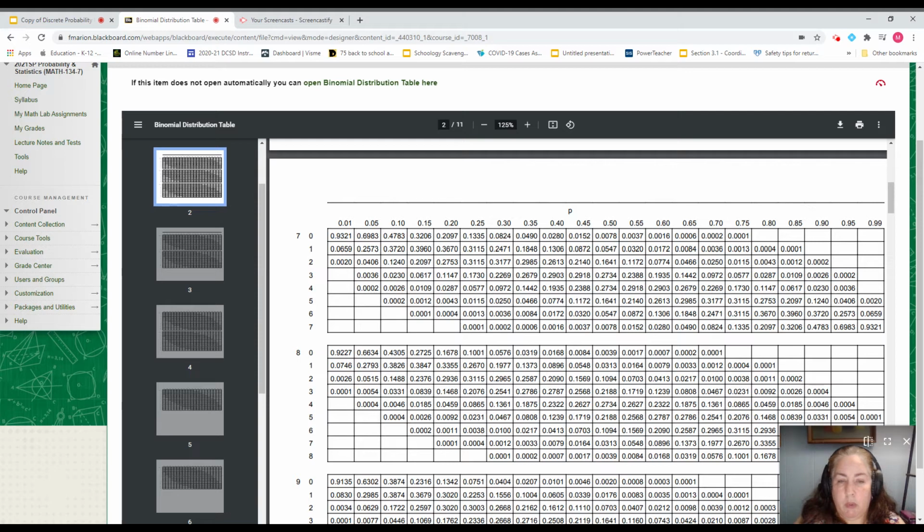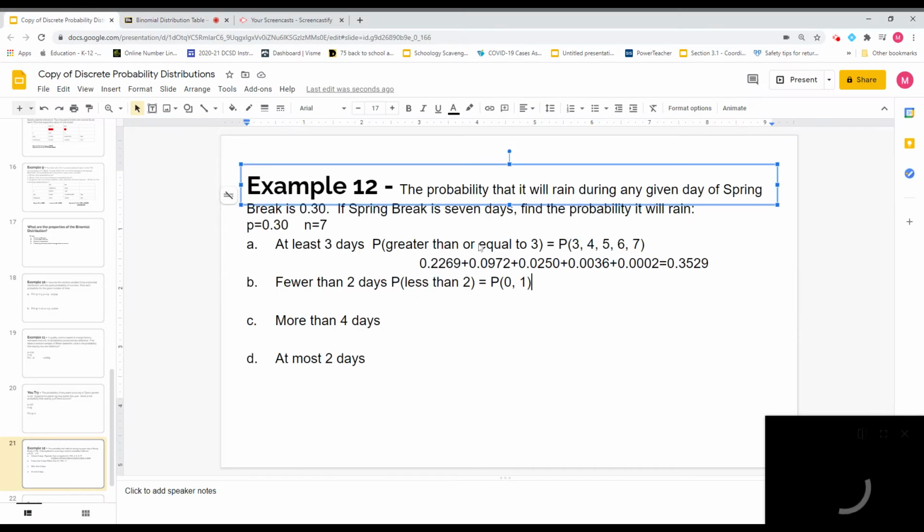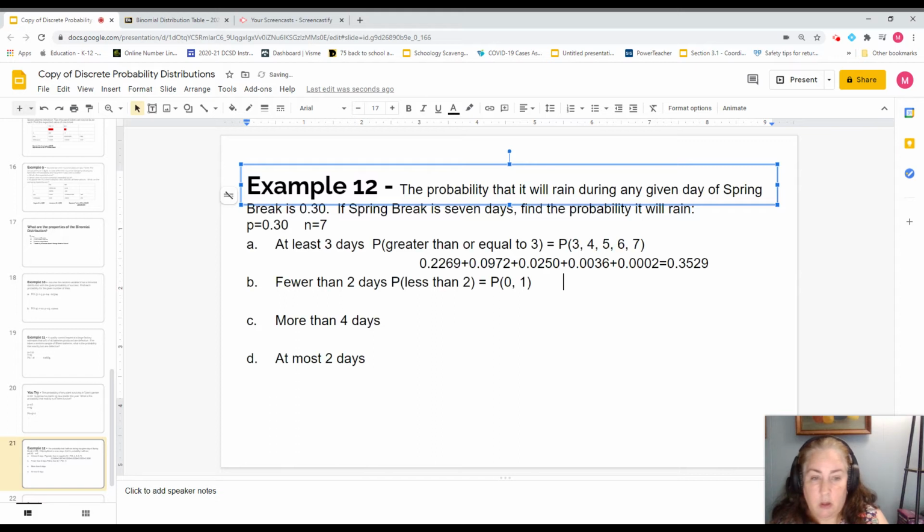So we want to add 0.0824 and 0.2471. And that gives me 0.3295.